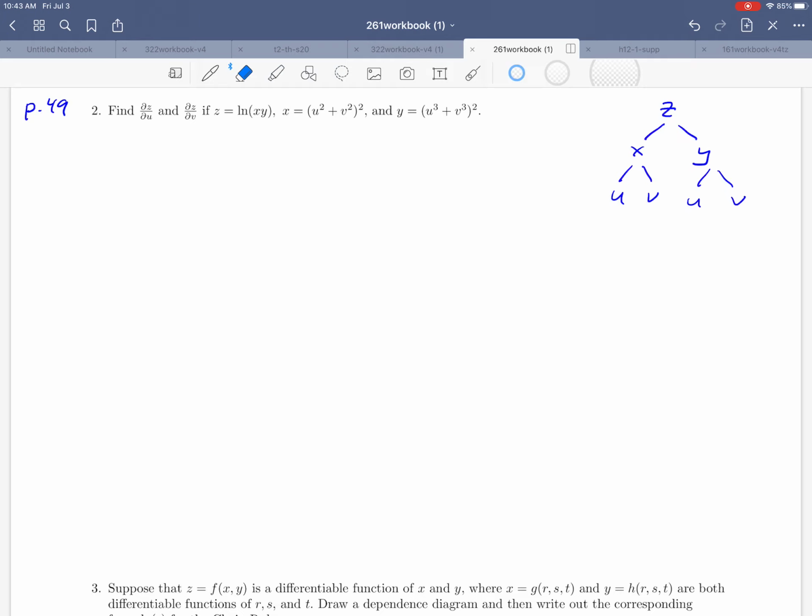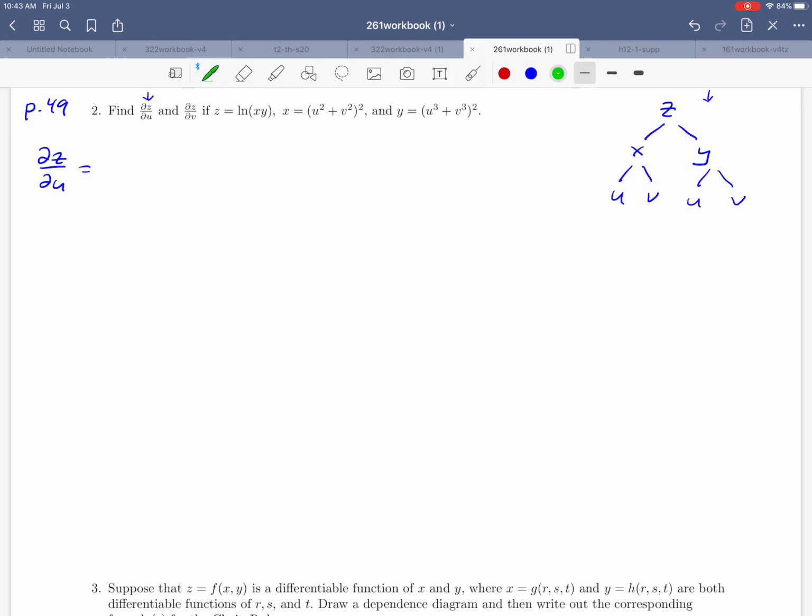Let's clear away some of the clutter here and get started calculating these derivatives. So we'll start with partial z partial u. Again, the diagram over here to the right is a nice natural way of coming up with the formula for the derivative. In particular, we're asking how many paths in our diagram are there that go from z to u?